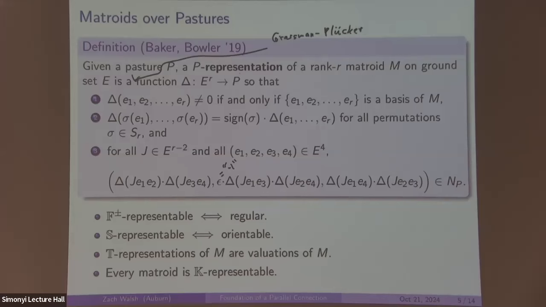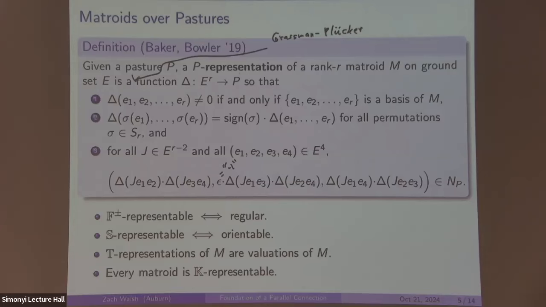Does such a function delta also give you higher-order Plücker relations? The point here is that over pastures, the higher-order Plücker relations don't make sense because I'm only allowed to add 3 terms at once.